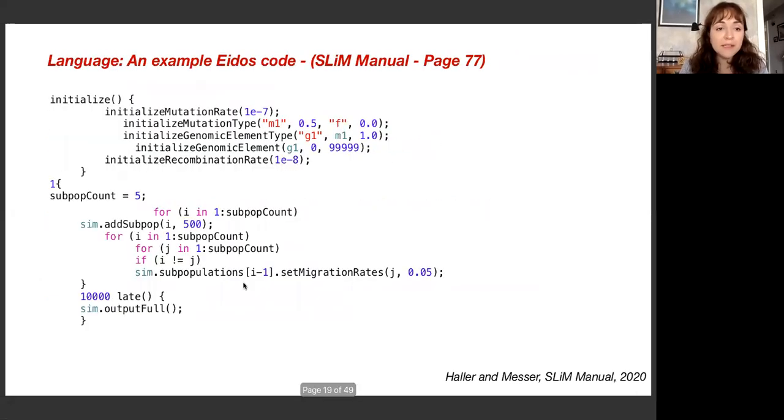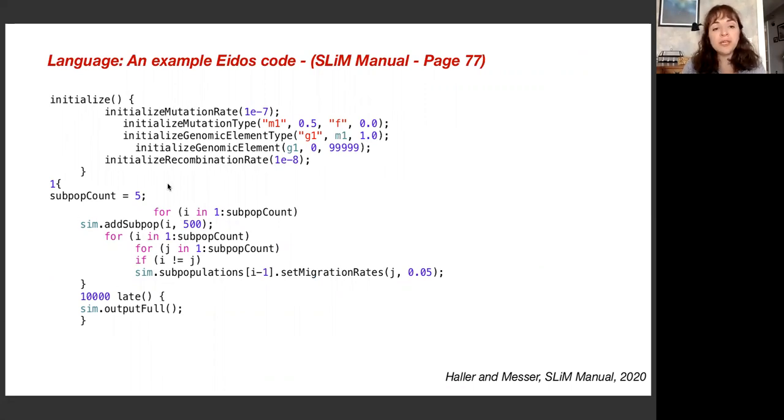Then this is a kind of language like this. So what we do while running simulations in SLiM is prepare a TXT file in which you write a script like this. This is a very basic script that defines a simulation scenario.